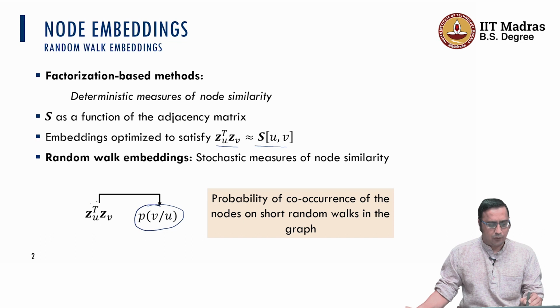So we would like to figure out a connection between the probability of co-occurrence of the nodes on the short random walks in the graph and the embedding of those nodes, which we are here looking at as zu transpose zv. How can we do that is the question we are going to address in the next couple of minutes.